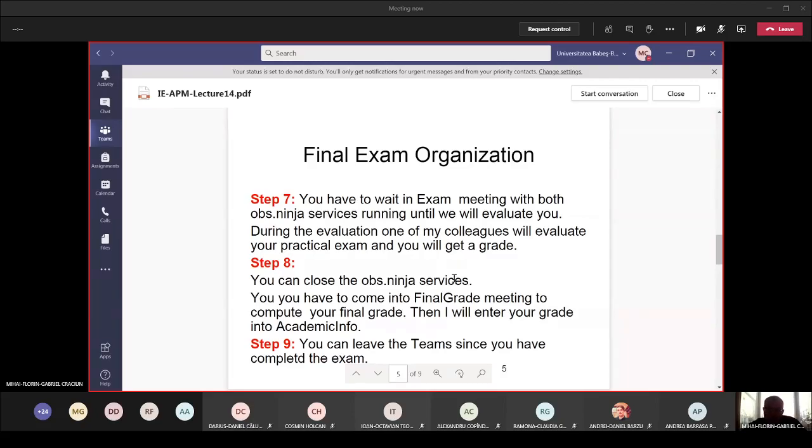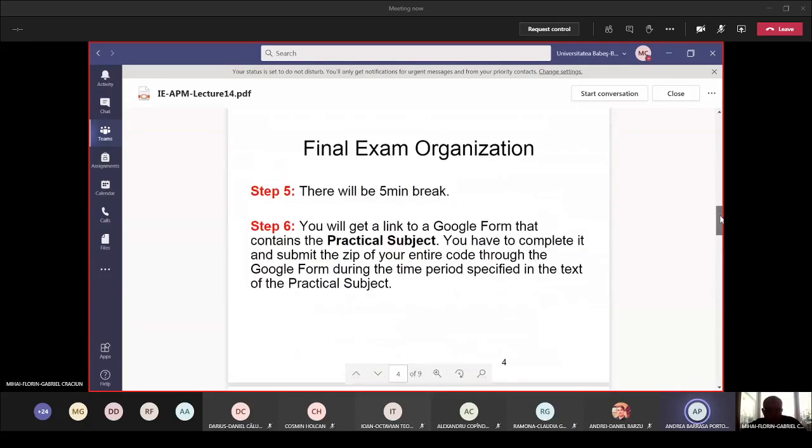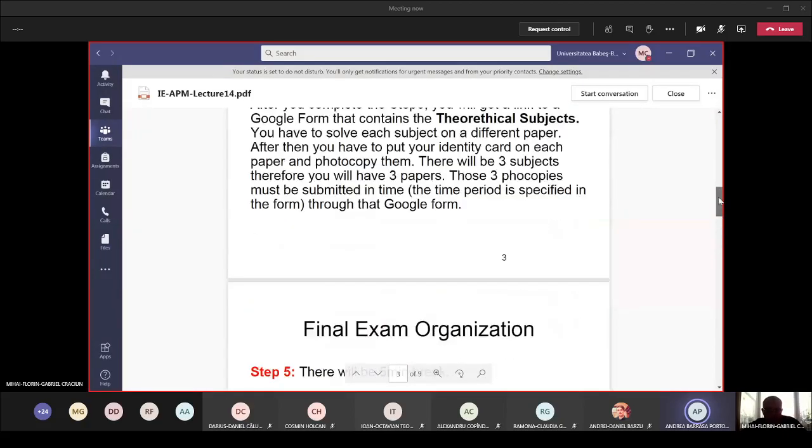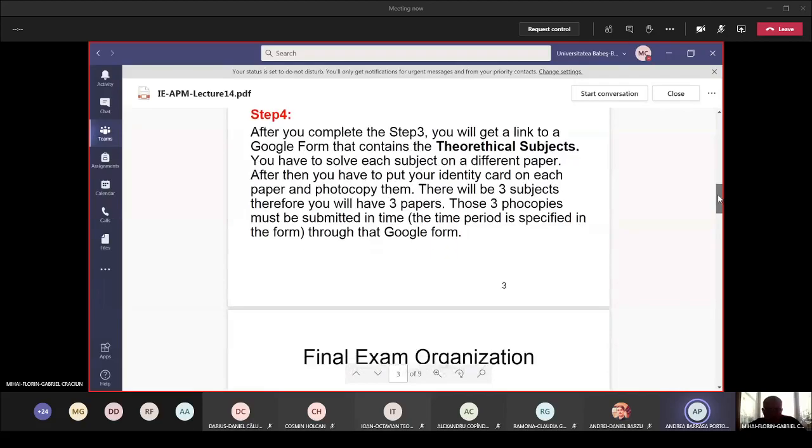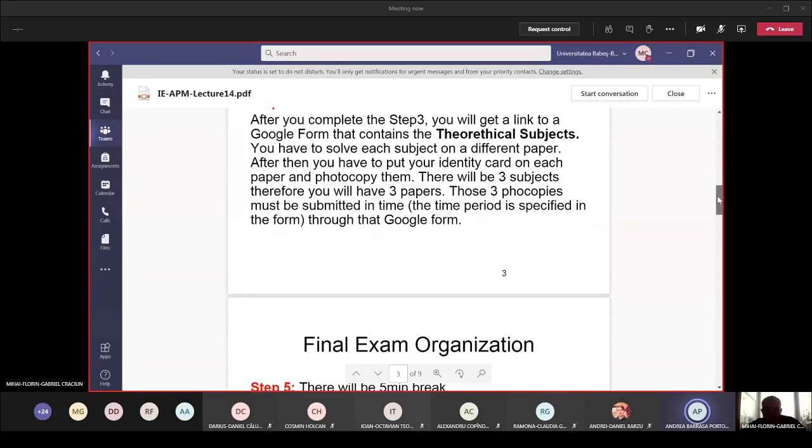So, just a summary. You enter into... yes, please. In step 4, is it mandatory to be a photocopy, or is it enough with just a photo? Yes, there is a typo there. Copy means just a photo.